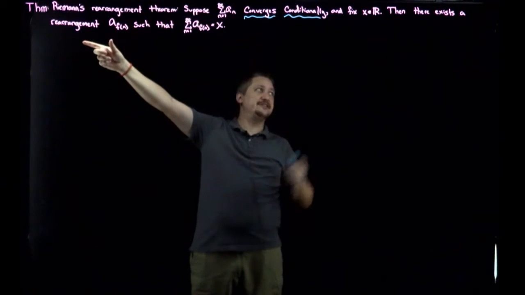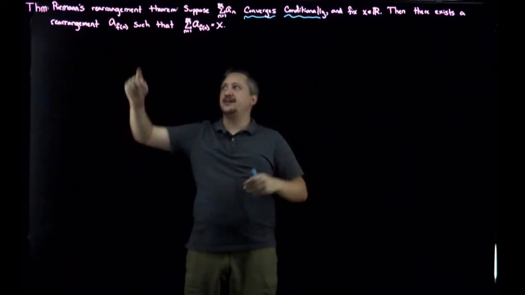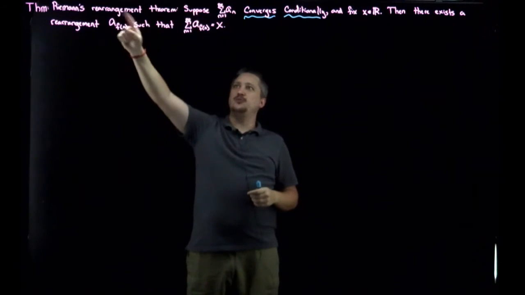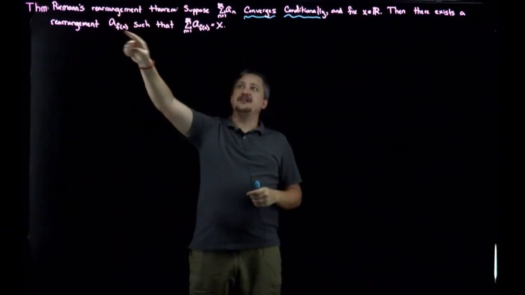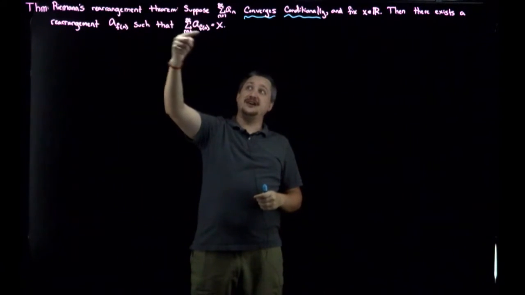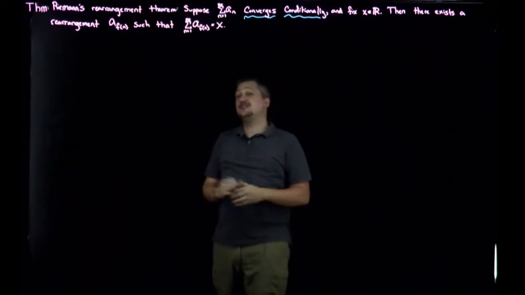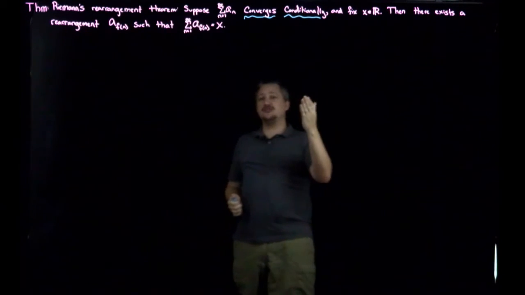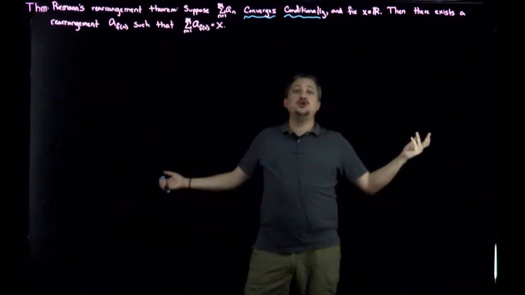So when we say there is a rearrangement, what we mean is there's a bijective function such that when we apply it to the index, we get a new ordering. So there's a rearrangement of this thing such that that series, honest to God, 1 to infinity, sums to that real number. So essentially what this theorem is saying is if you have a conditionally convergent series, you can rearrange it to equal whatever number you want.